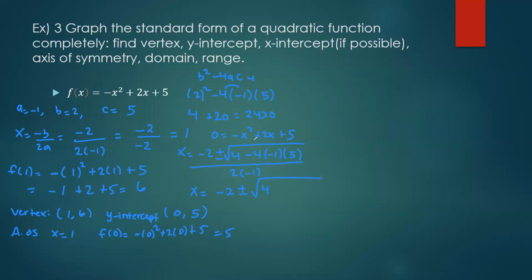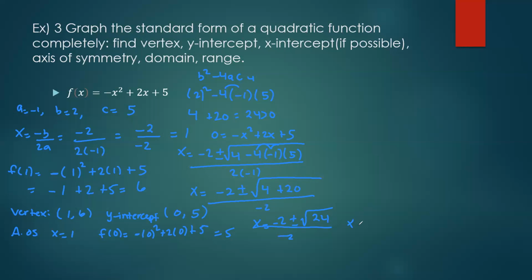That's 4, and then -4 times -1 is +4, times 5, that's 20, all over -2. So that's -2 plus or minus the root of 24, all over -2.